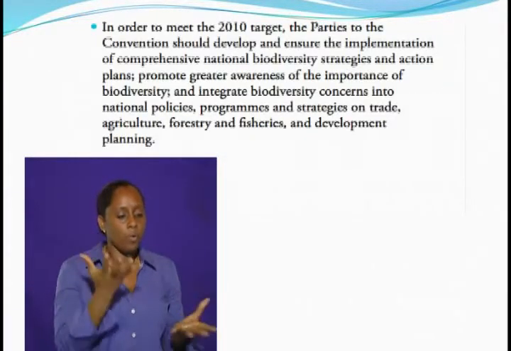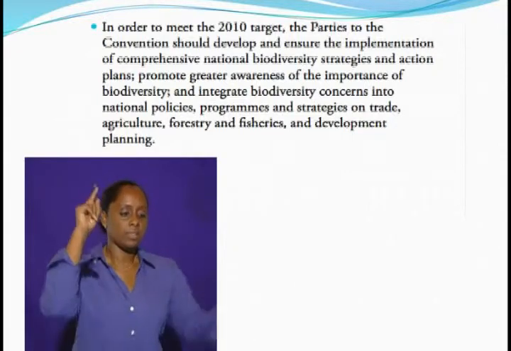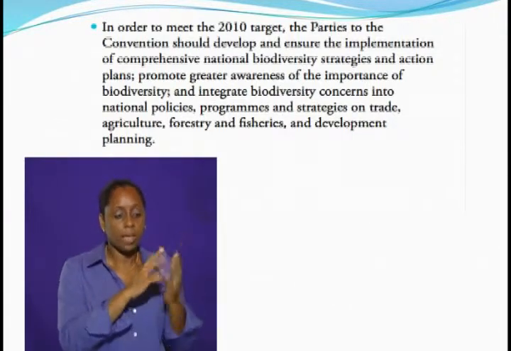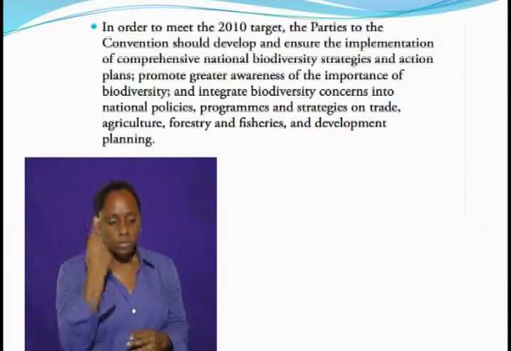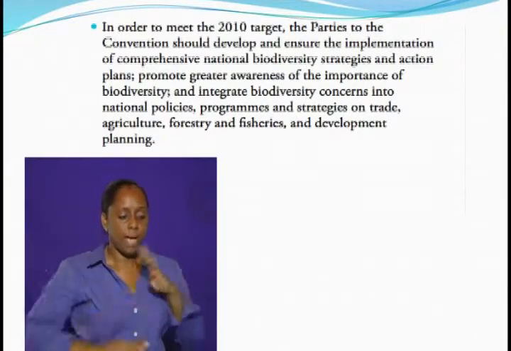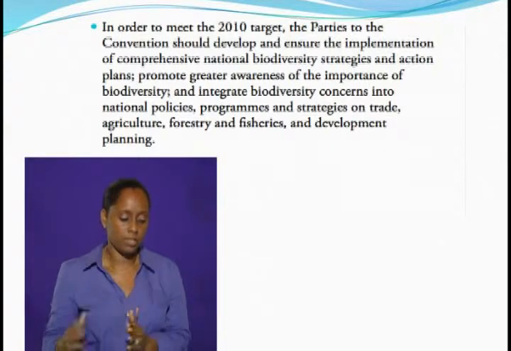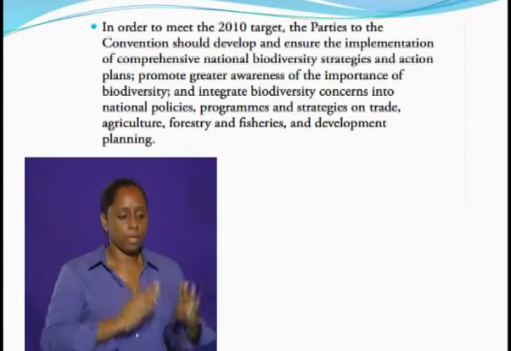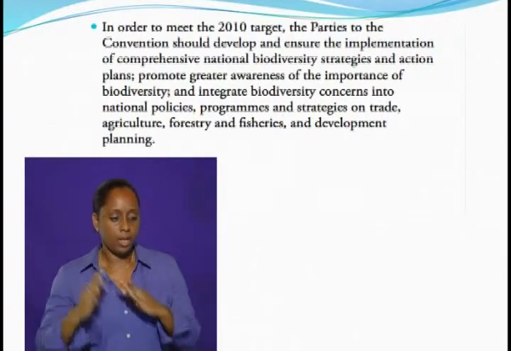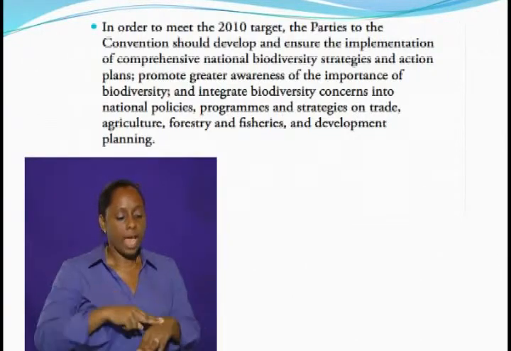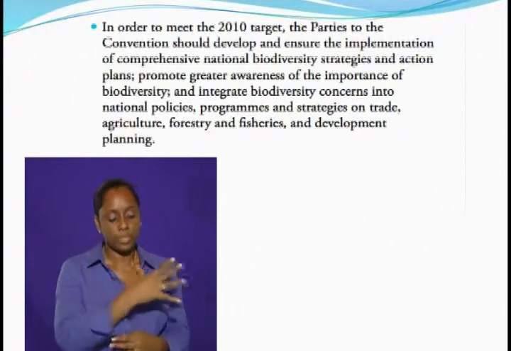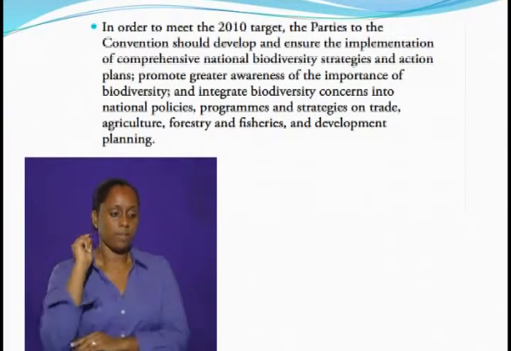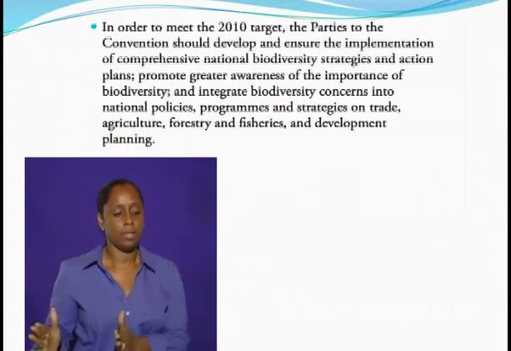In order to meet the 2010 target, the parties to the Convention should develop and ensure the implementation of comprehensive national biodiversity strategies and action plans, promote greater awareness of the importance of biodiversity, and integrate biodiversity concerns into national policies, programs, and strategies on trade, agriculture, forestry, and fisheries, and development planning.